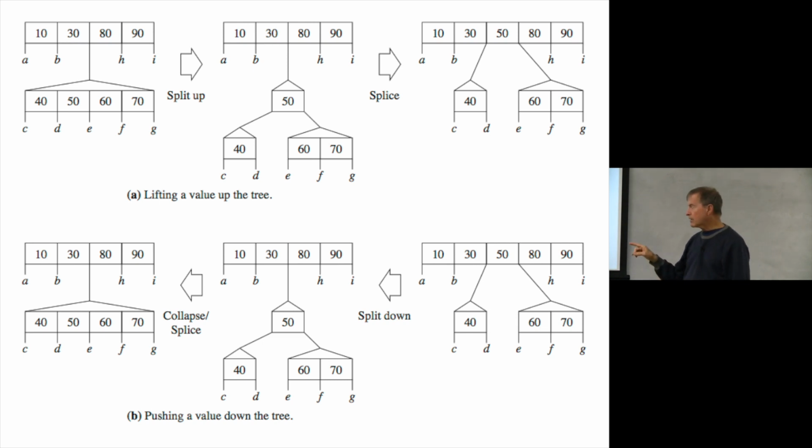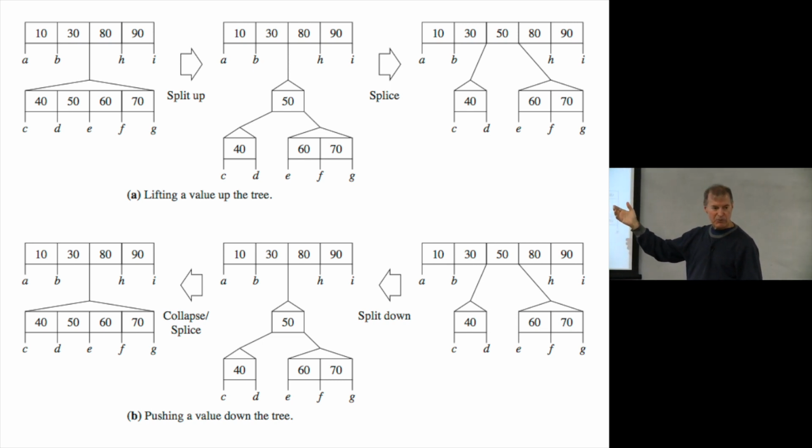So now, in part B of this figure, what we're doing is pushing a value down the tree. As opposed to lifting a value up the tree, we are pushing a value down the tree. Here again, it's in two steps. Like we saw, we combined these two steps in part A last time when we were doing insertion.